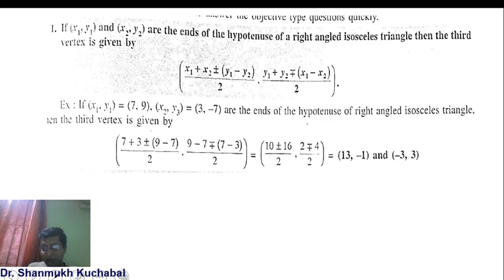Then as ends of a hypotenuse of a right angled isosceles triangle, the third vertex is given by 7 plus 3 plus or minus 9 minus 7, whole divided by 2. Similarly the other we have to substitute, and after simplification we get 13 minus 1 minus 3 plus 3. So like this we have to simplify.